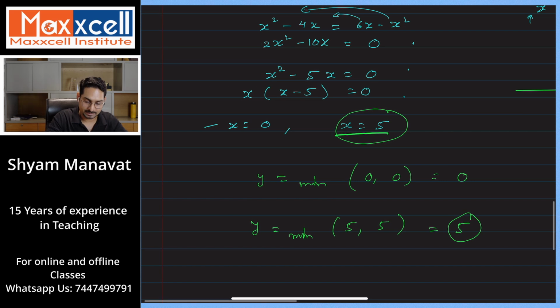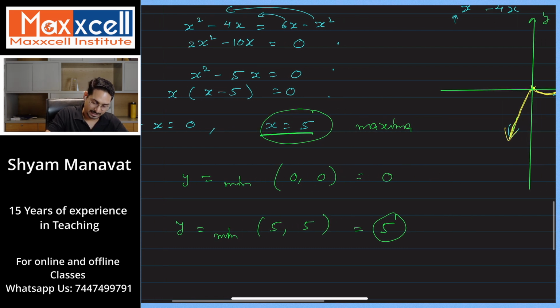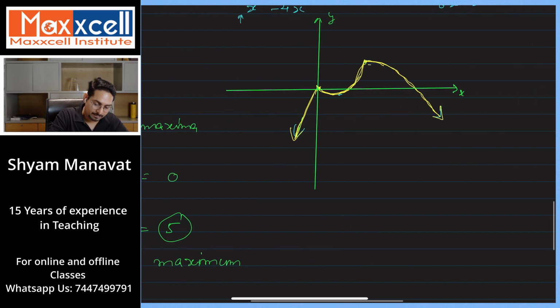So x is equal to 5 is your maxima, and for this you get y equal to 5. This becomes your maximum. Yeah, because the graph cannot have a value more than 5.